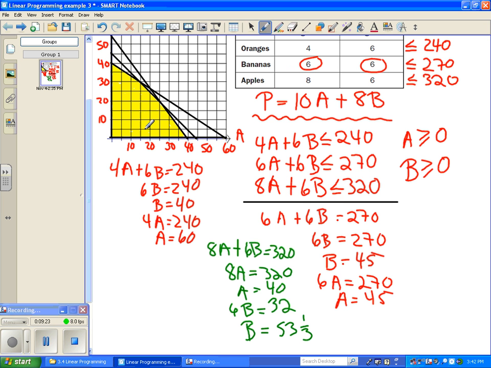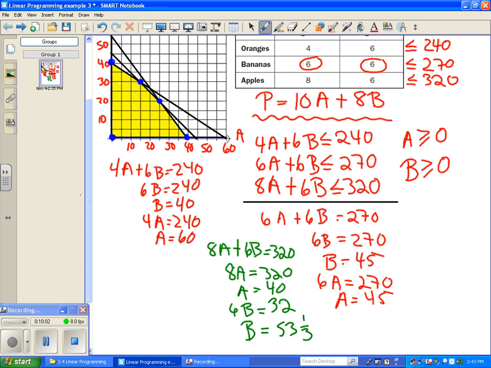We have a vertex at (0, 40), at (15, 30), at (25, 20), and one more at (40, 0). Technically we have one down here, but we know that's the minimum because that's (0, 0), selling no baskets. So now we have to check at which of these other four points our maximum occurs.